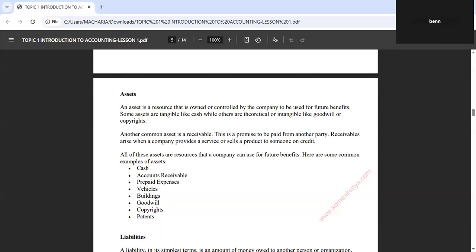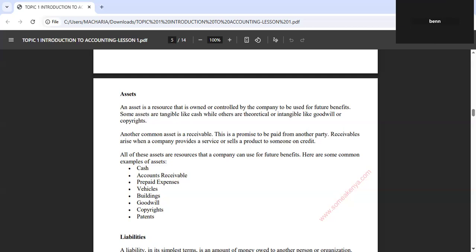It promises a flow of cash in the future. So some assets are tangible, like cash, while others are theoretical or intangible, like goodwill or copyrights. All of them are assets. We have tangible assets and we have intangible assets.